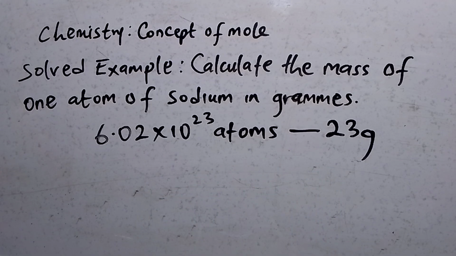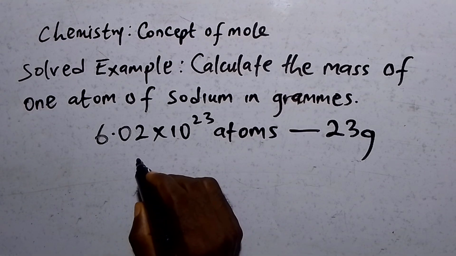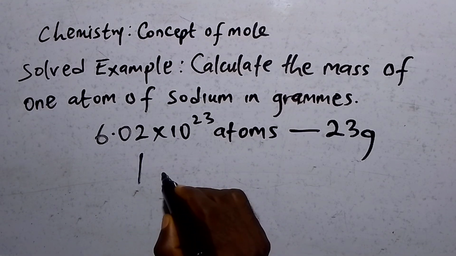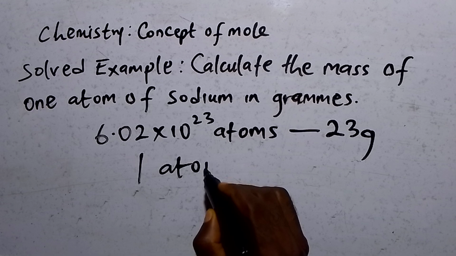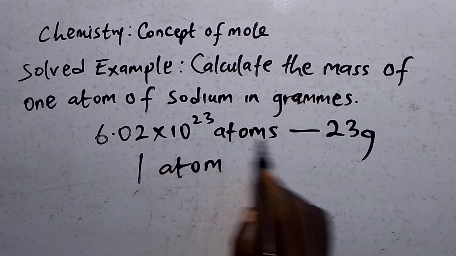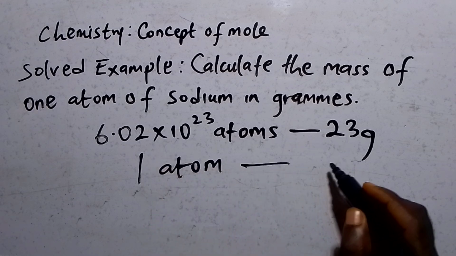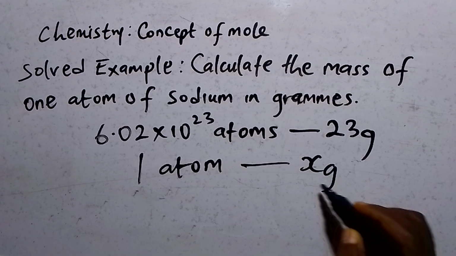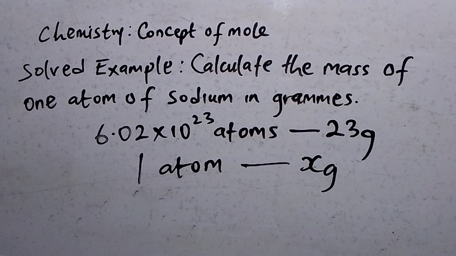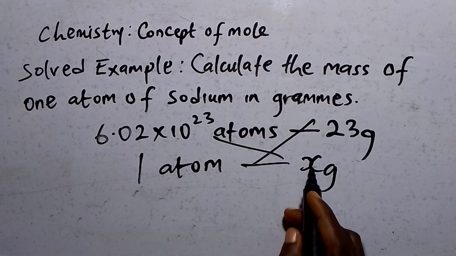Are you getting me? But we are asked to find the mass of one atom. So if this number has this mass, one atom is going to have, let's say, a mass of x grams, since we don't know. So what we have to do is simply cross multiply, and the one you are looking for is x.